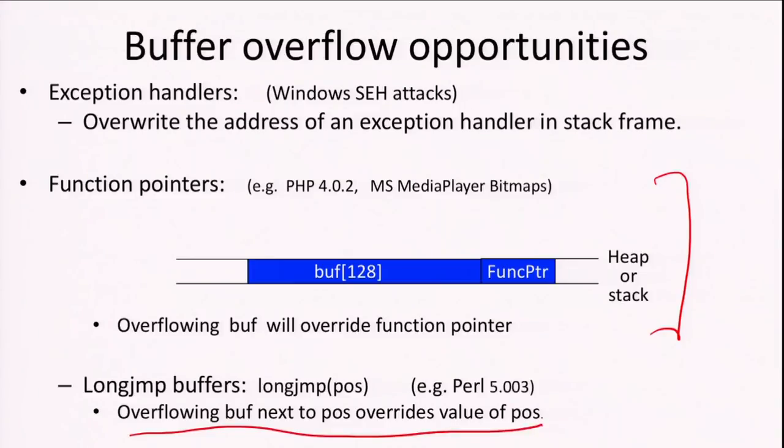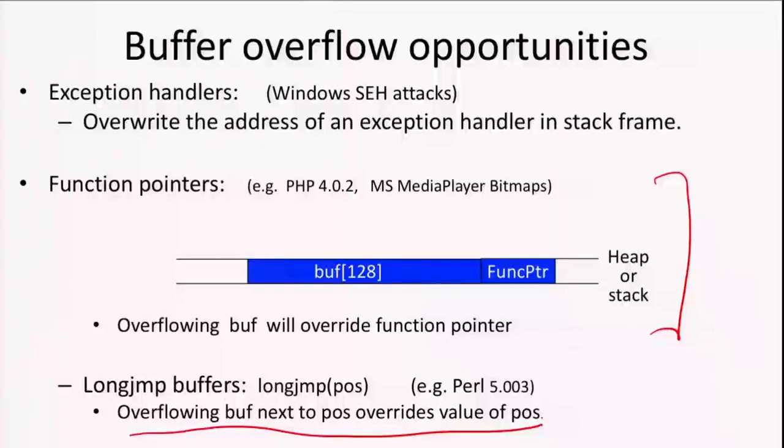You should read up on longjmp, because longjmp is a way of creating exceptions in C. We know that in C++ we have exceptions, try and catch, and exception types, but in C we don't have that. So longjmp is one way of doing that, and also in Perl and so on. If you can overflow a buffer next to the address, the value that is being passed to longjmp, then you can do similar harm.